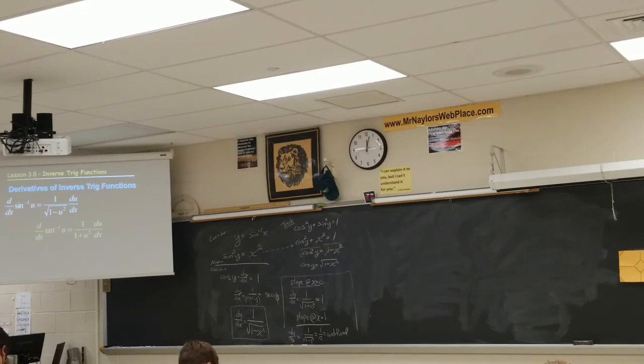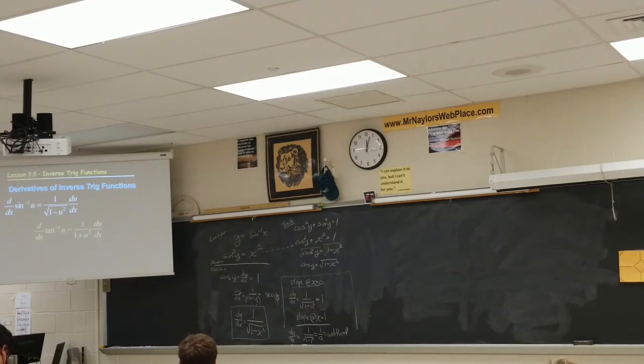Inverse tangent, it's a rule. Boo. Actually, no, it's not. Doesn't have to be bad. Inverse tangent, we didn't prove it, but it would have some similarities to what we just did. It turns out to be 1 over 1 plus u squared.